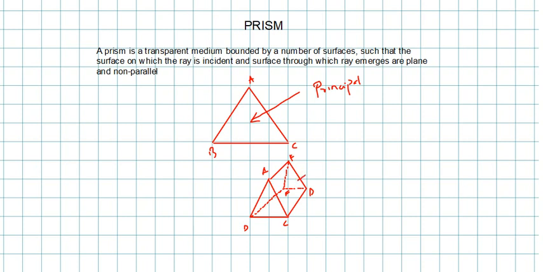So this is one refracting surface and this side is another refracting surface. These two are the refracting surfaces.